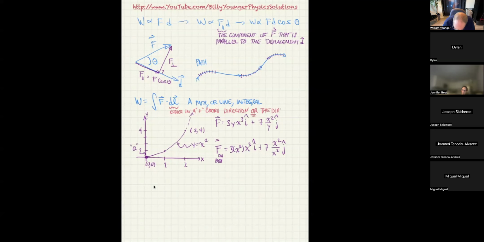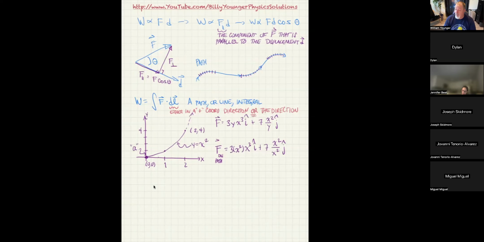In other words, I went from the origin to the point (2, 4). That's the actual direction of travel. So since I'm going in the x direction now that I've gotten rid of all the y's, I could call dL, I could call that dx i hat. And the fact that it's positive says it's going in the increasing x direction, and that's fine.